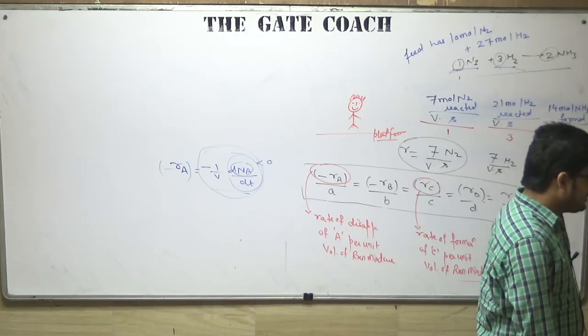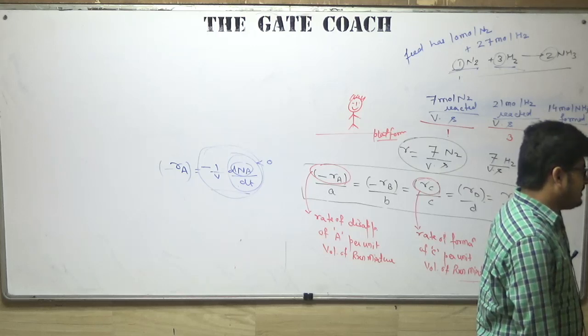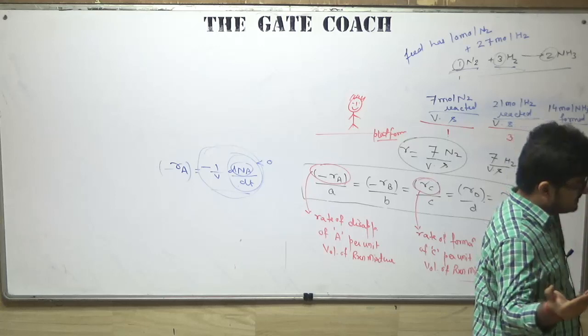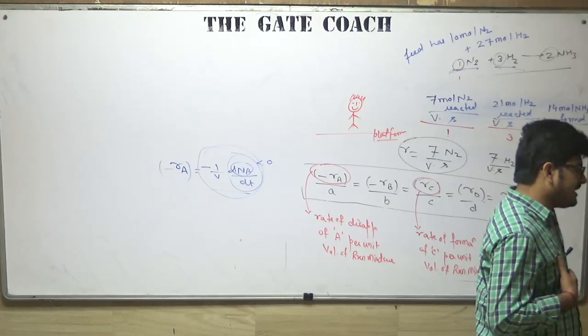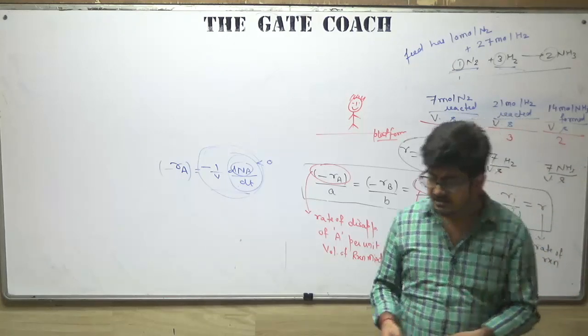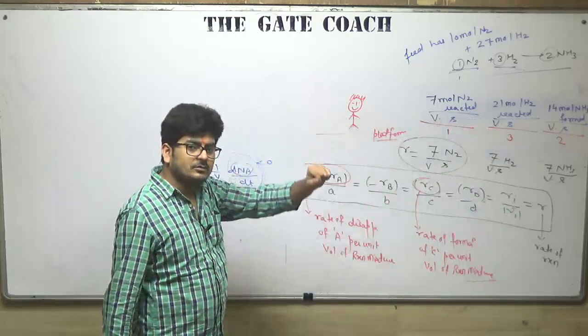Actually, in some simulation software, those are different things. I have also used many simulation softwares. There they use a general chemical reaction like nuA A plus nuB B plus nuC C plus nuD D equal to 0.